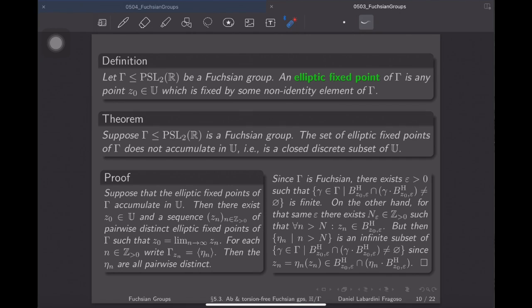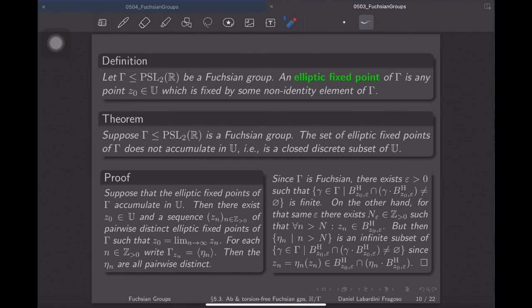And the main theorem is that the set of elliptic fixed points doesn't accumulate in the hyperbolic plane, which is also relevant for the proof. Sometimes one is tempted to think that it just follows from the fact that orbits do not accumulate in U, but not quite, because there could be elliptic fixed points in different orbits.